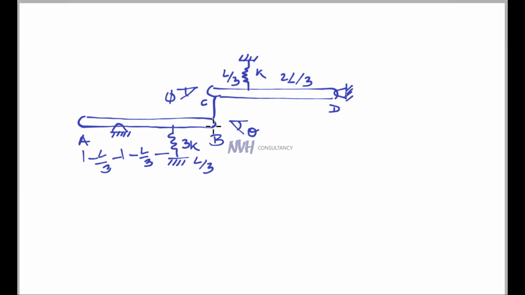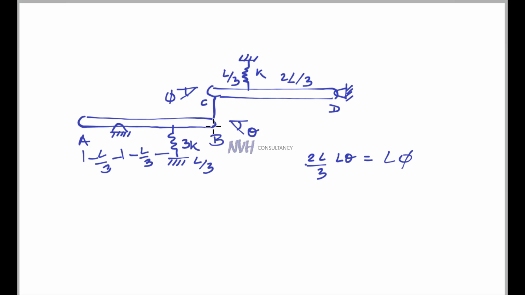Let's consider the relationship between the angle theta and angle phi. You can easily find from the geometry that 2L by 3 times theta equals L phi.